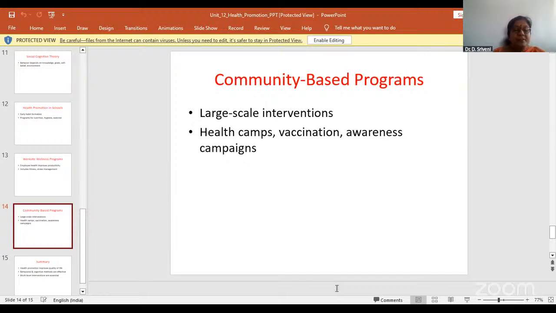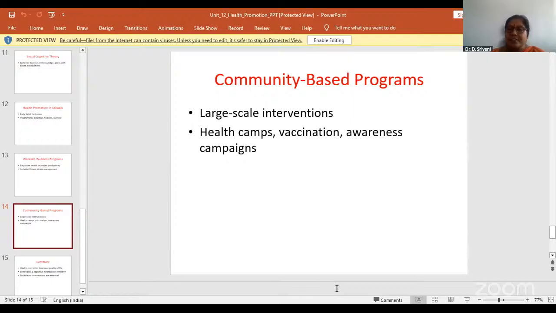An important feature of community-based programs is their ability to reach a large number of people simultaneously through methods such as mass media campaigns, door-to-door services, and public health initiatives.